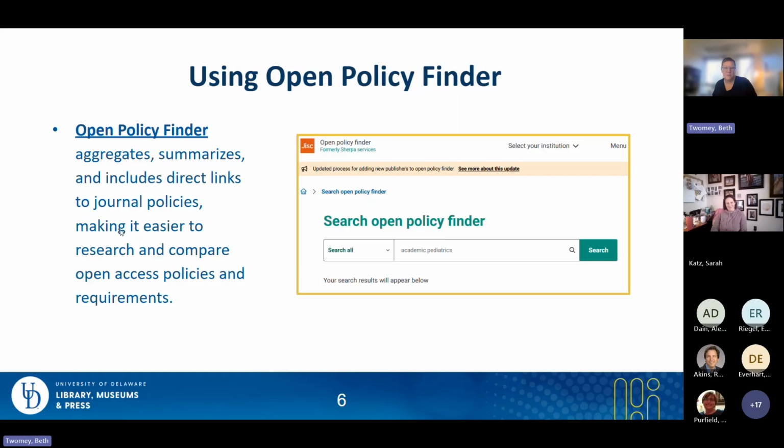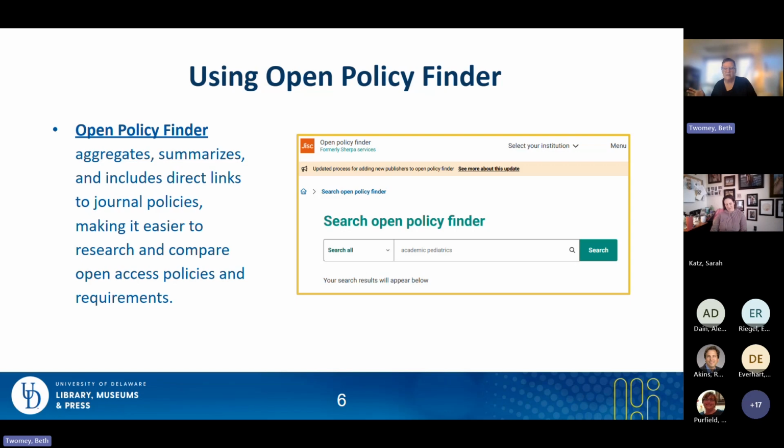So one of the tools, this is an open access tool, is run by a nonprofit organization in the UK called JISC, and they support academic research and education in the UK, but they have international coverage of journals, and they keep it really up to date.